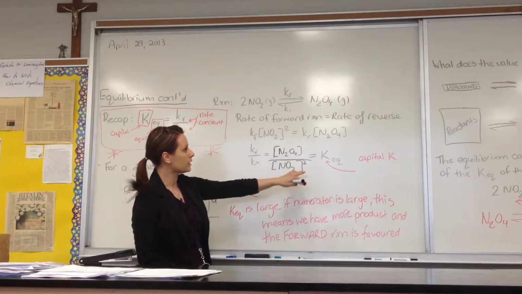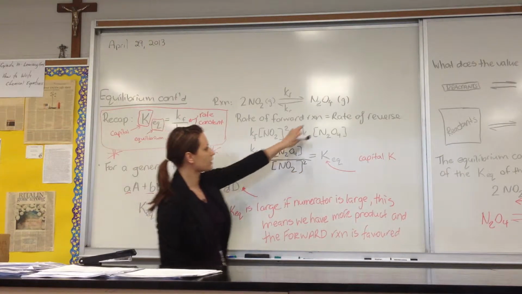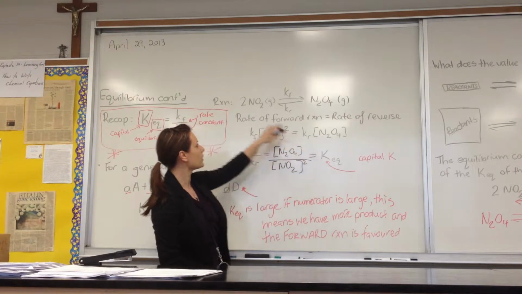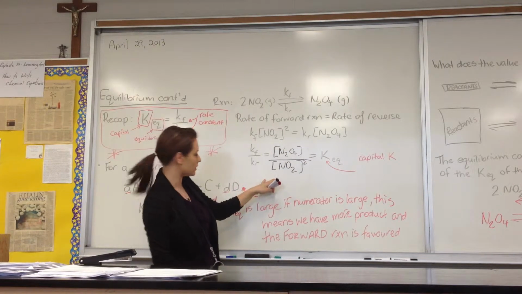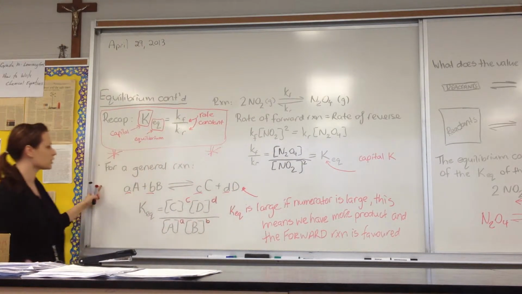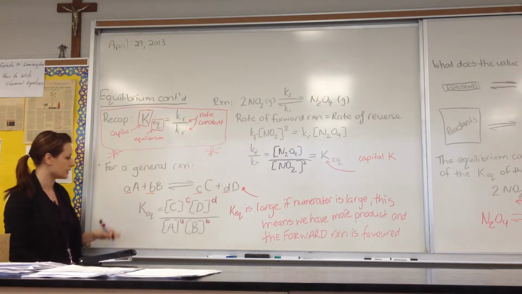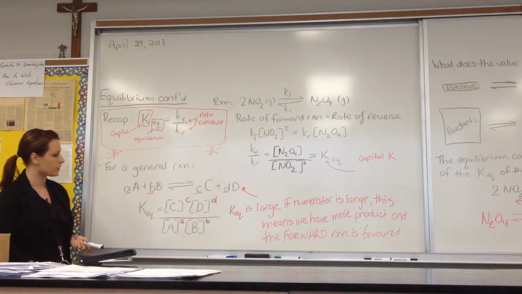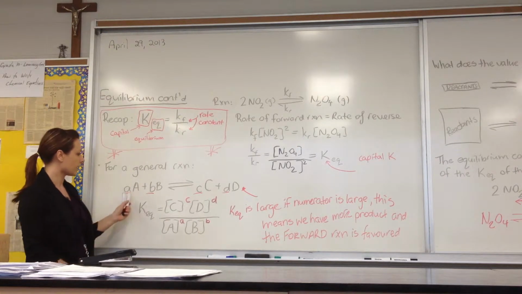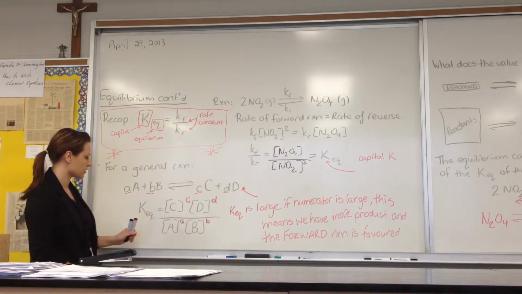The way we write the equilibrium constant is that we write the products in the numerator and the reactants in the denominator. For a general reaction, if we have A plus B making C and D, the lowercase letters are the stoichiometric coefficients, the capitals are the actual concentrations.